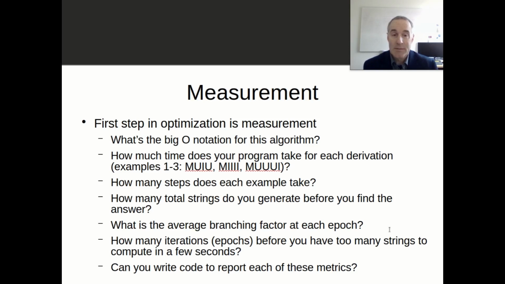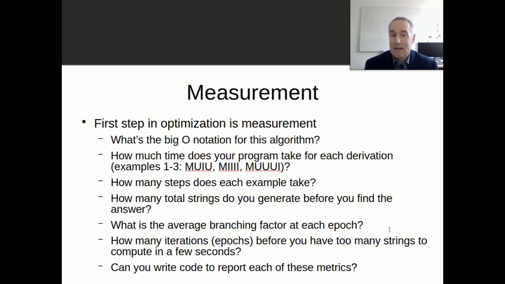Once you've computed how many strings you're generating in each epoch, it's also possible to calculate the average branching factor. How does the algorithm blow up? What's the average increase from one epoch to another? This will also give you an idea of what big O notation this algorithm is.